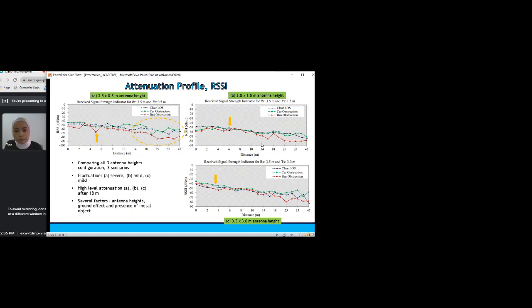However, in terms of attenuation level, all three graphs show that the bus obstruction shows a very significant drop after 18 meter. So this shows that the signal loss caused by a larger metal object has contributed to the diminution in signal strength.